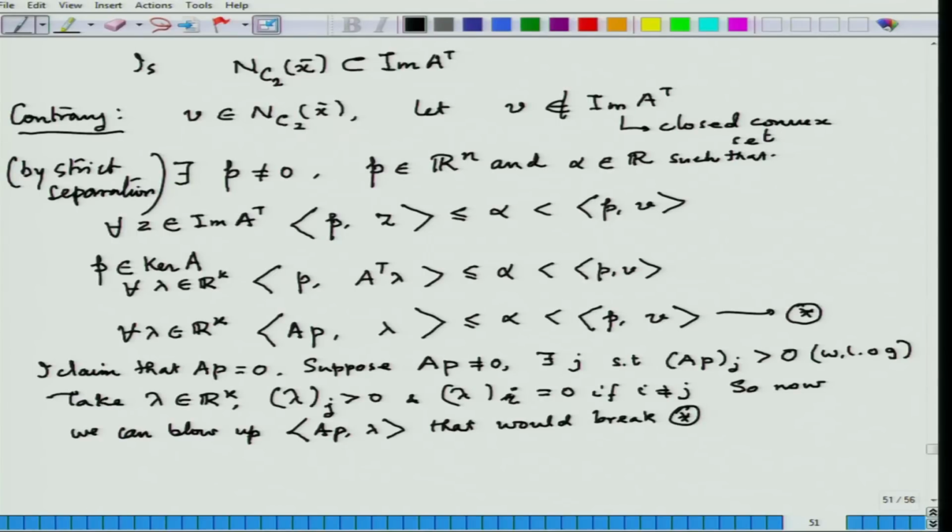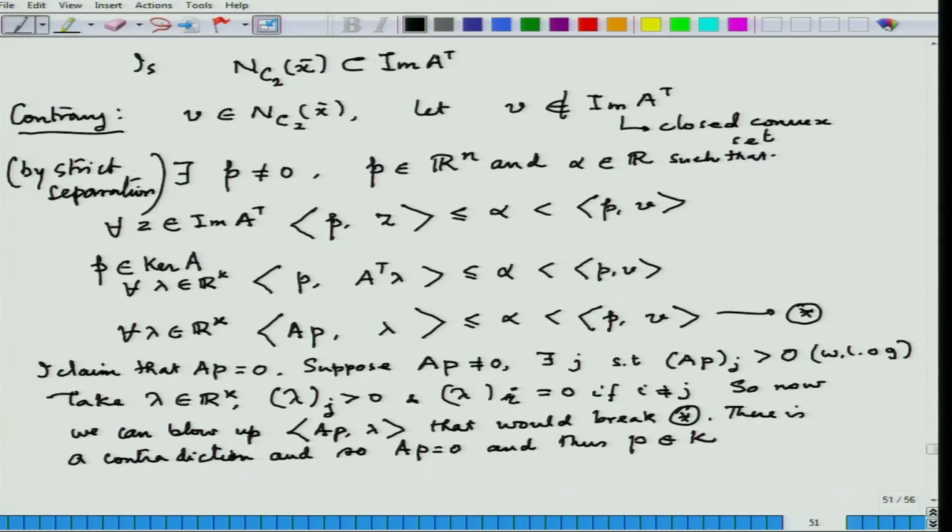I cannot do that, I cannot break that. So, there is a contradiction and so AP is equal to 0, and thus P is an element of kernel of A.